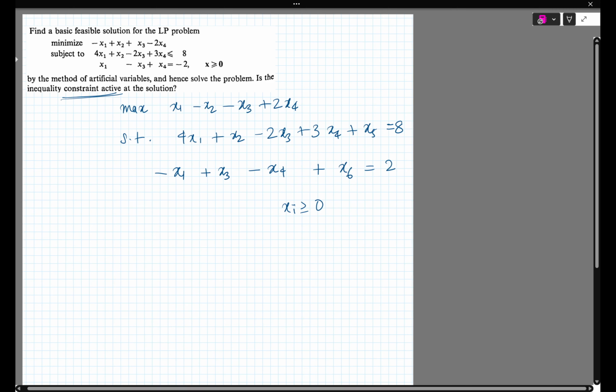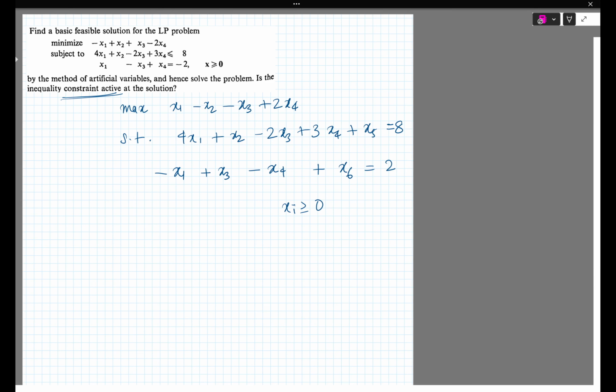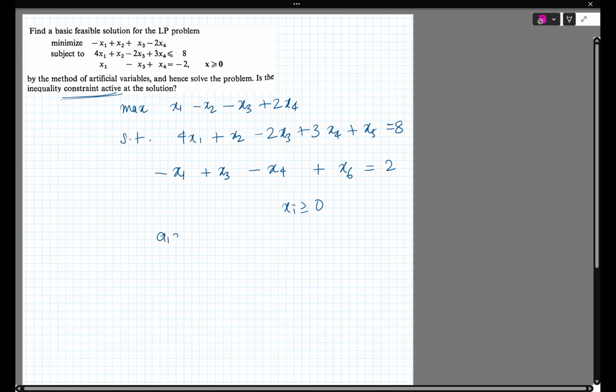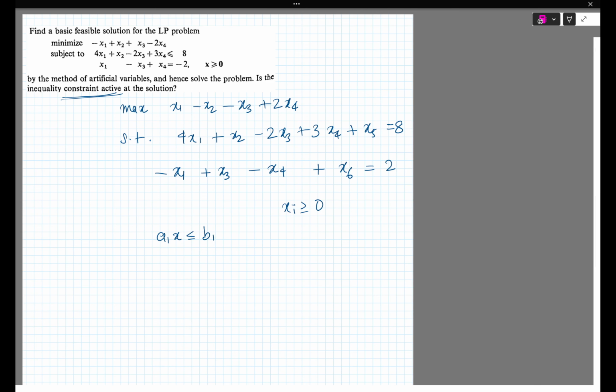Constraint is active means... no, no. If you have a constraint a1 x less than or equal to b1, and you ask is this constraint active at some point x star, that means is a1 x star equal to b1.